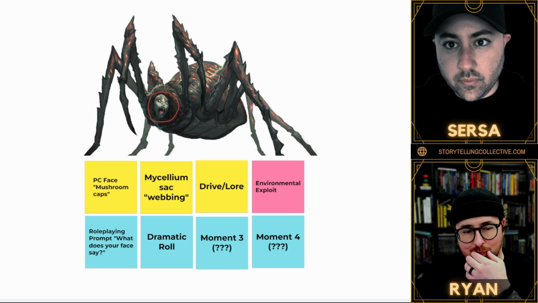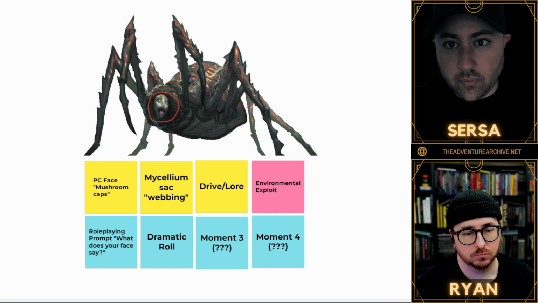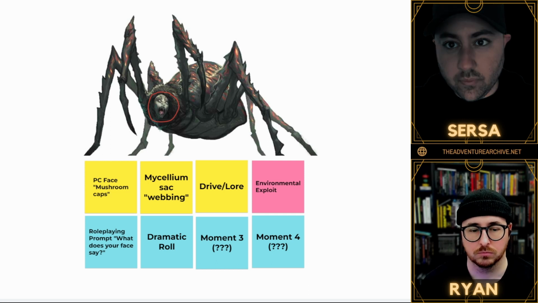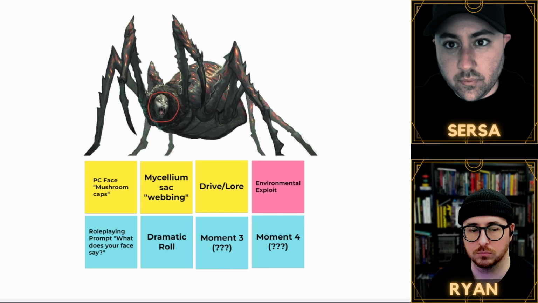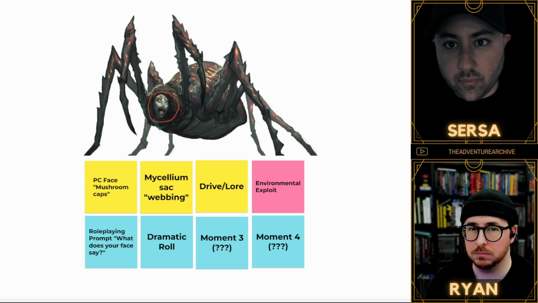That can really get you some good mileage. With this one, I'm wondering if there's some other interesting dramatic roll we can use. So I'm picturing, okay, it shoots the webbing out, it cocoons maybe a character, and there's some dramatic roll involved with that. Yes. Okay, so the original one, when it died, that's attached. The cocooning.